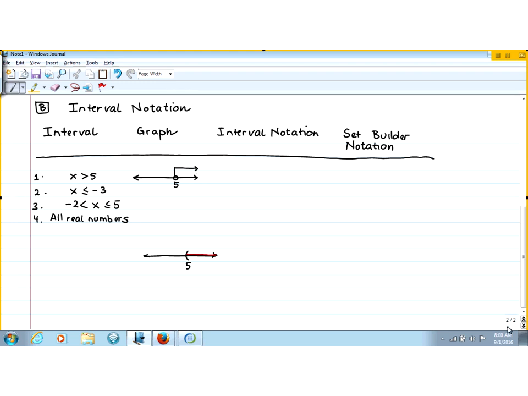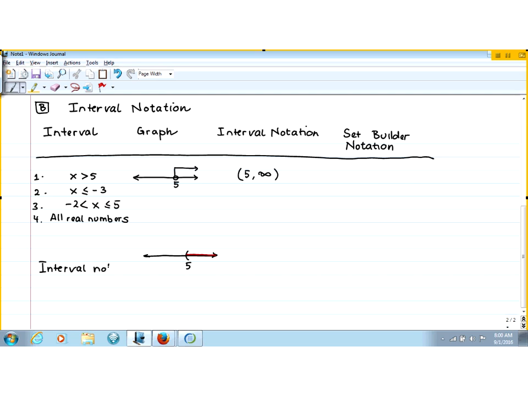Is 5 included? No. So do I use parentheses or bracket? Parentheses. What's the smallest one? 5 to infinity. Okay. So if you remember the interval notation, let me write here.